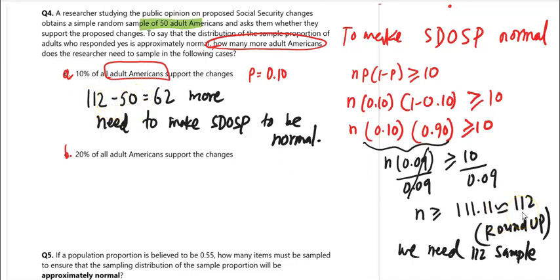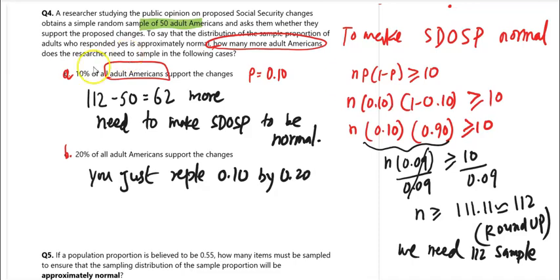For part B, similar to part A, you just replace 0.10 by 0.20, because 20% is p.